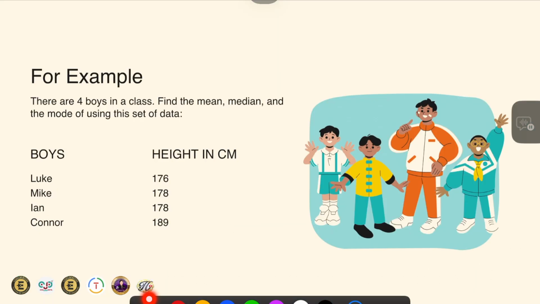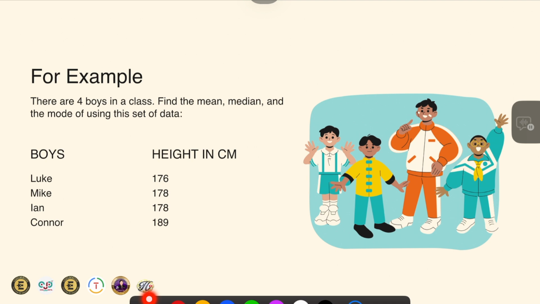Let's look at an example. There are 4 boys in a class. Find the mean, median, and mode using this set of data. We have 4 boys here, and the heights are 176 centimeters, 178 centimeters, 178 centimeters, and the last one is 189 centimeters.